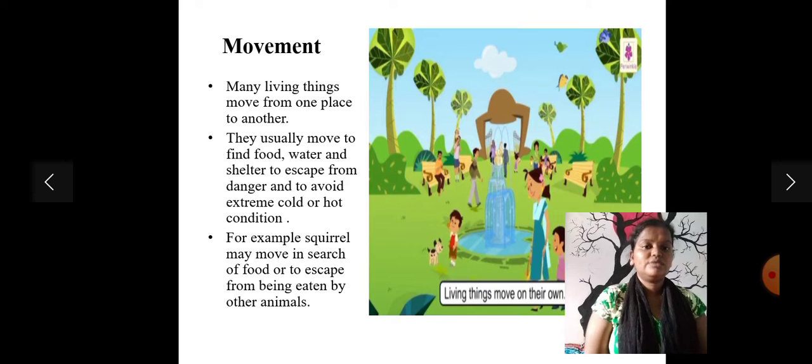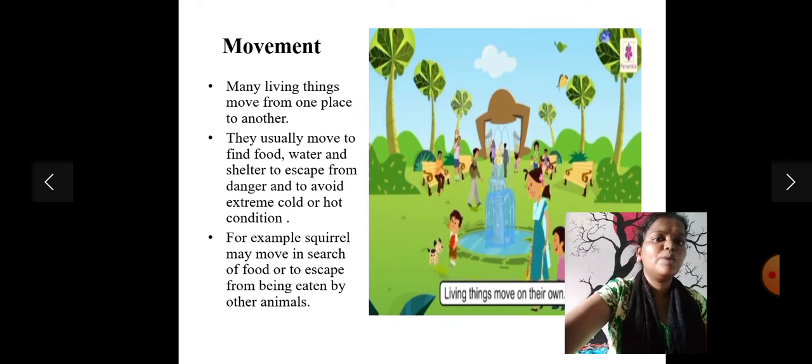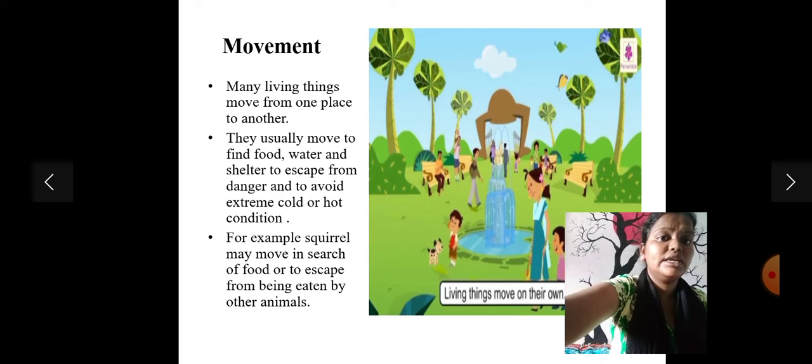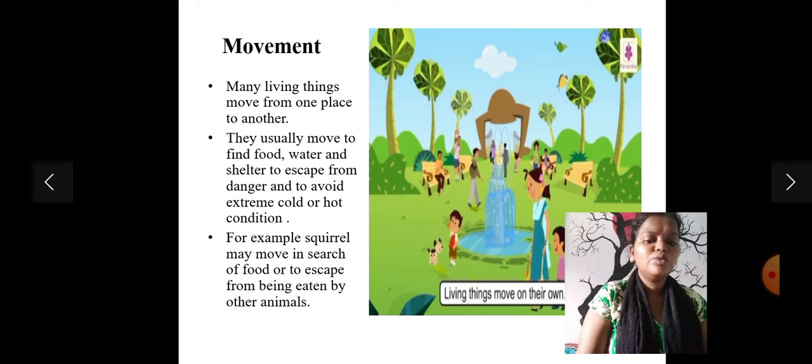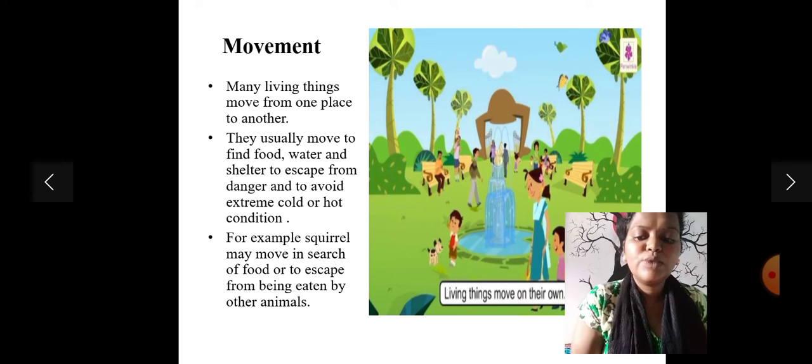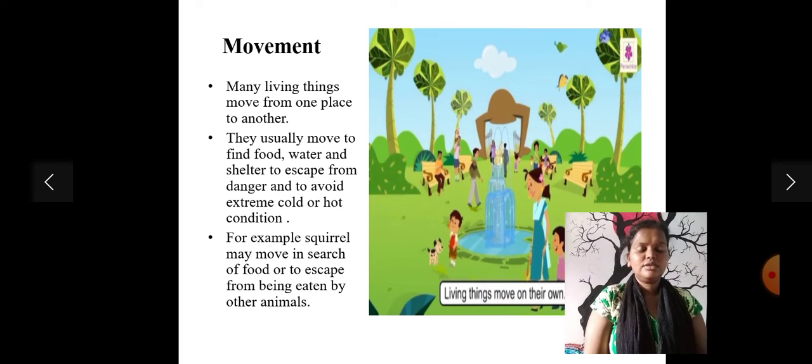Then movement. What is movement? Many living things move from one place to another. Why do we move? Can anyone guess why do we move? Yes. Very good.